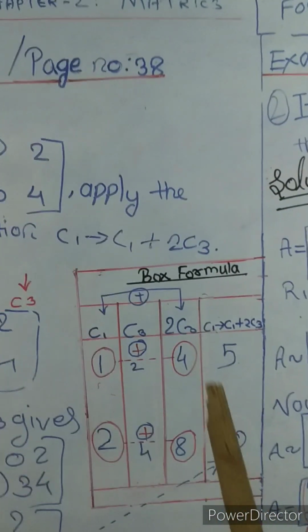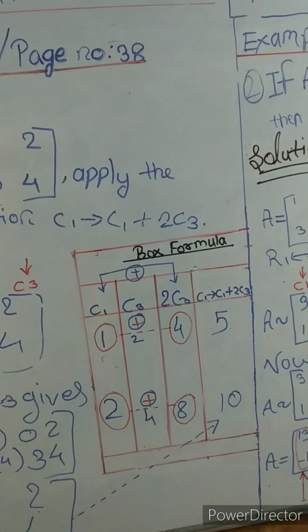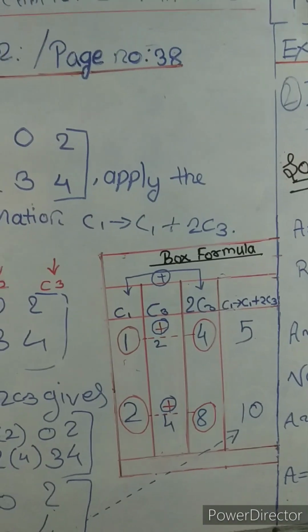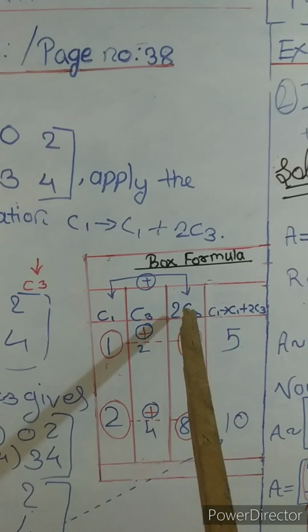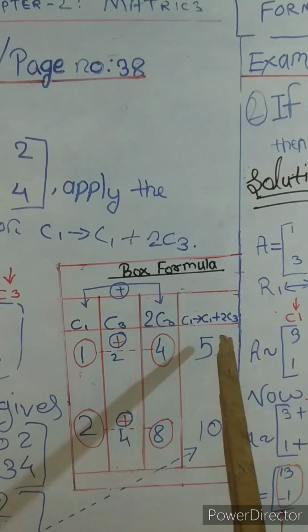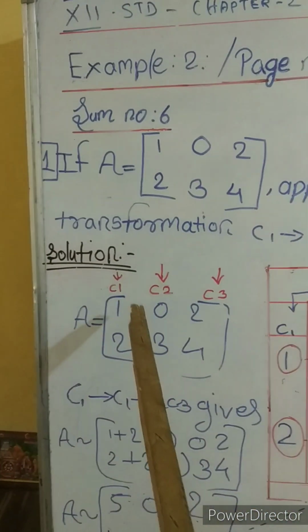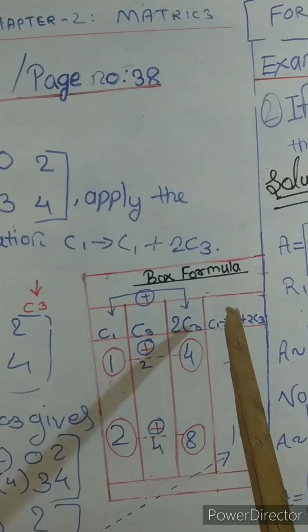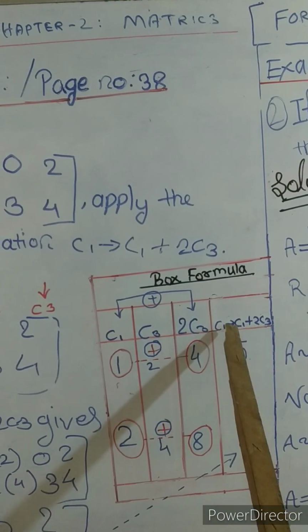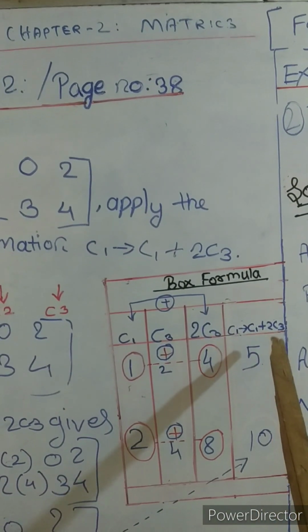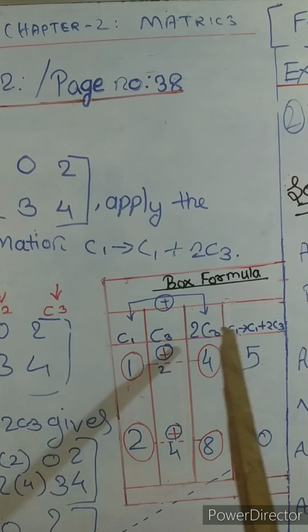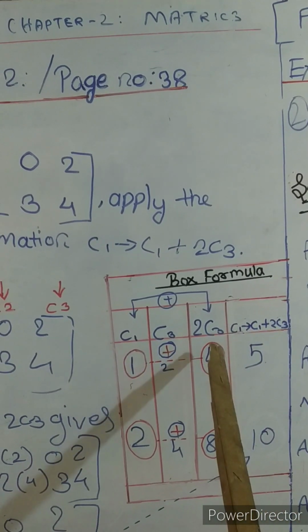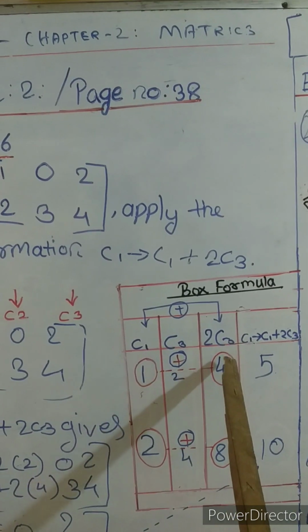Here I created the box formula: C1, C3, 2C3. C1 gives C1 plus 2C3. First of all, the entire equation we have to write here. C1 gives C1 plus 2C3, and next before that step 2C3 you can write, we have written here.